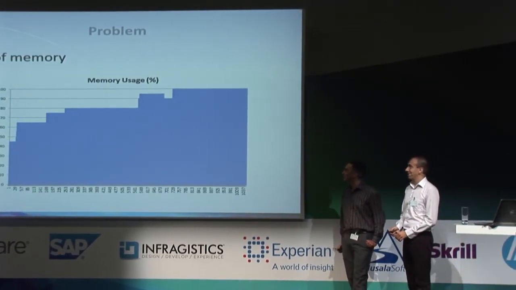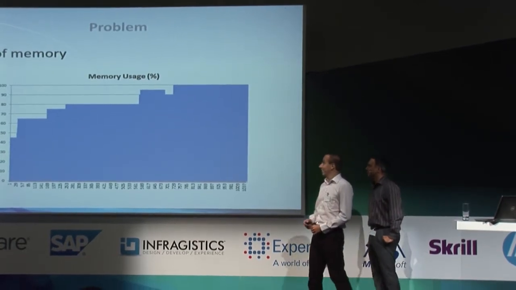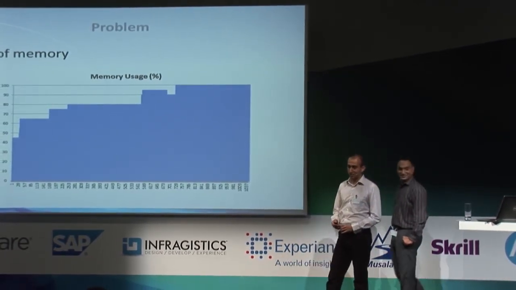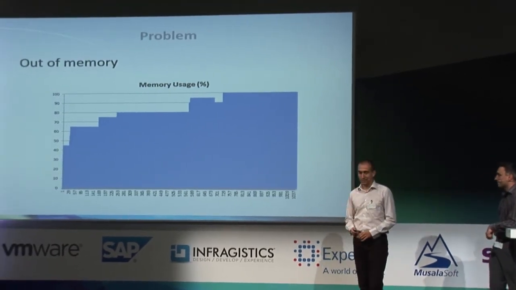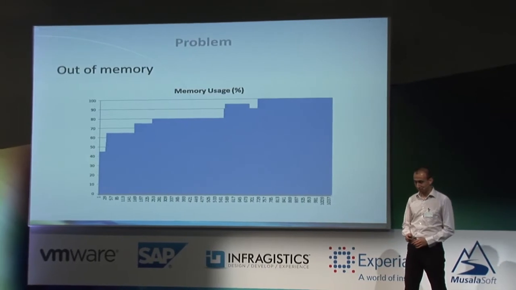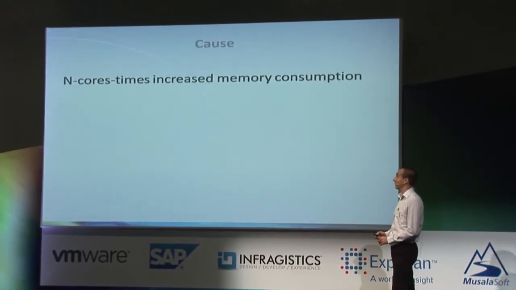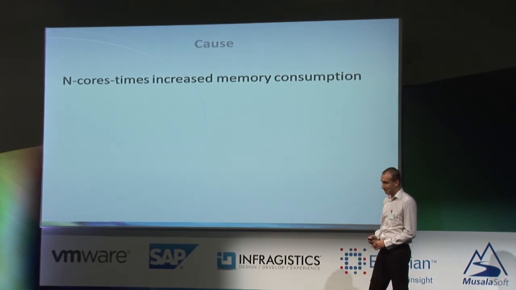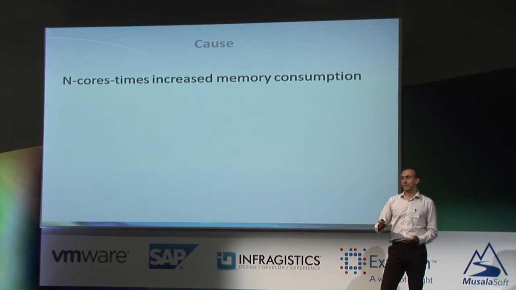Really, an out-of-memory exception is the worst thing any developer can get, because the problem is always not where you expect it to be. It's somewhere hidden. But in this case, we pretty much knew what the cause could be. When we have a separate data object for each thread, we get a multiple of the memory consumption of the application before that.